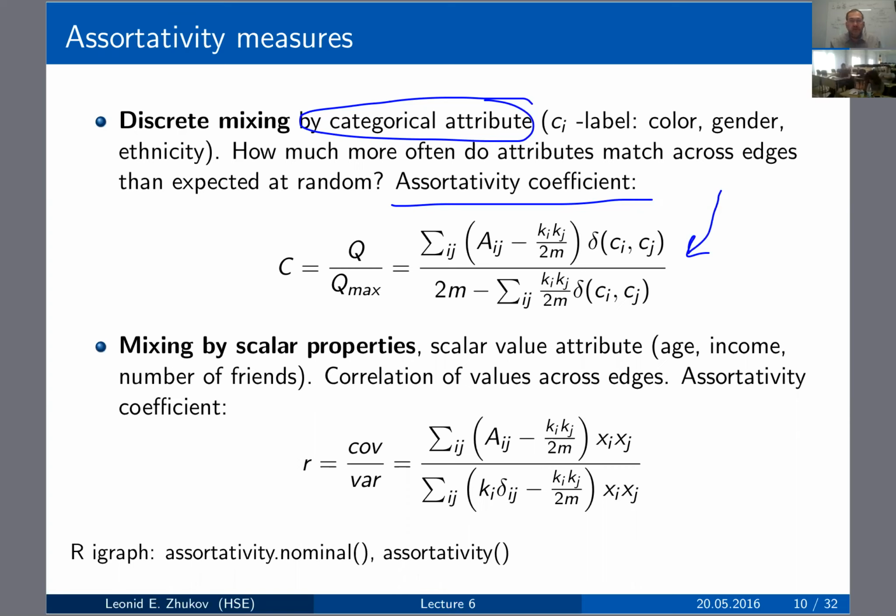And so the idea here is very simple. This delta symbol is equal to 1 if both nodes, node i and j, belong to the same type. If they're the same type, say the same political preference, then this Kronecker delta is equal to 1, and if they're not, it's equal to 0.